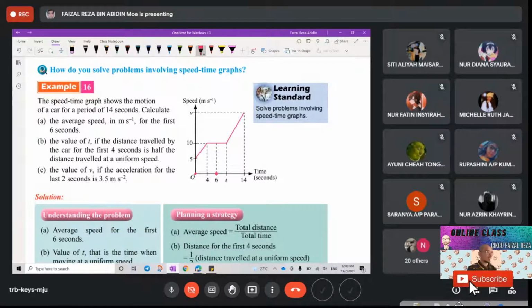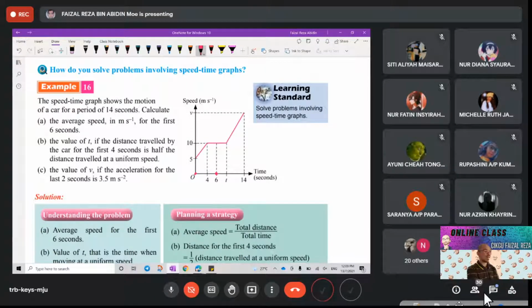So the average speed is going to be the total distance, isn't it? Is there any total distance given there? None. So how are we going to find the total distance there?